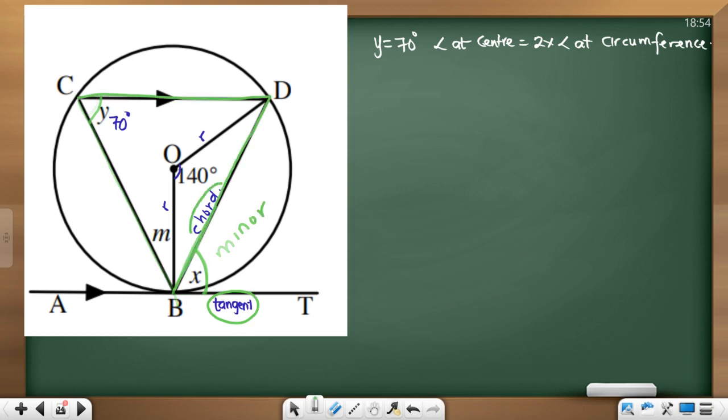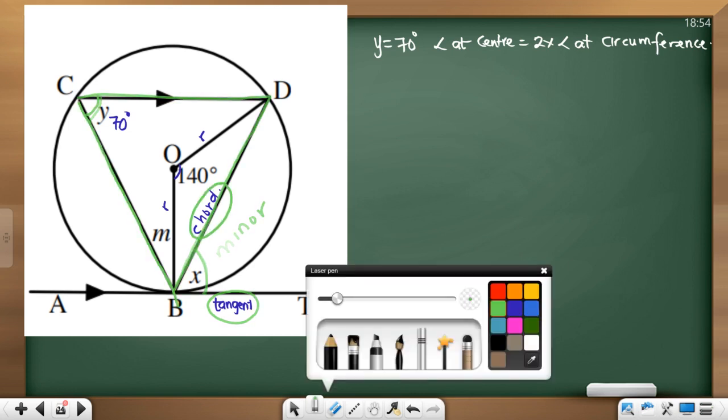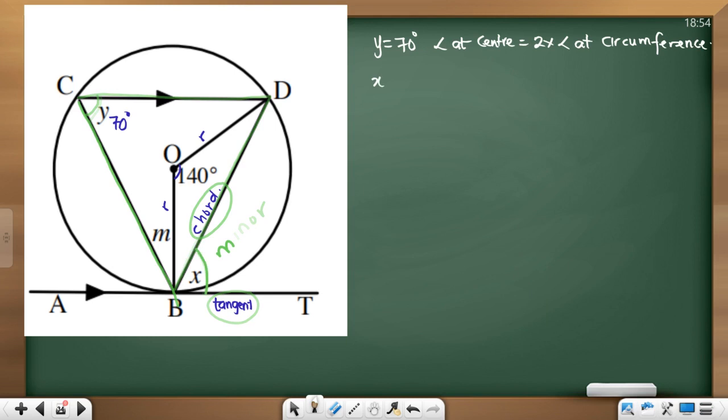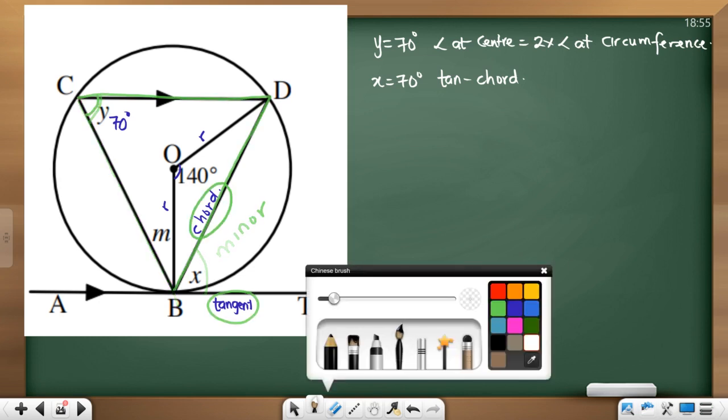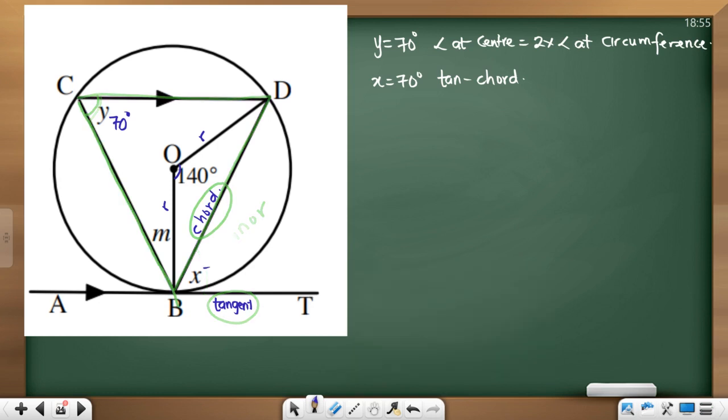Reason, tan-chord. We're done. X is equal to 70 degrees. Tan-chord. Okay, let's write it there. 70 degrees.